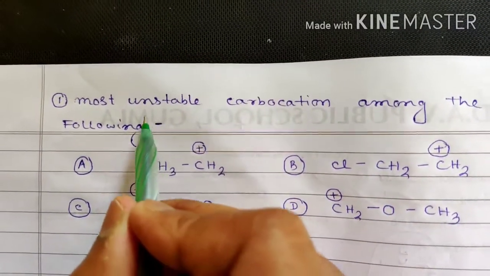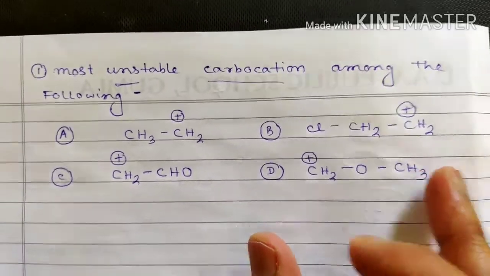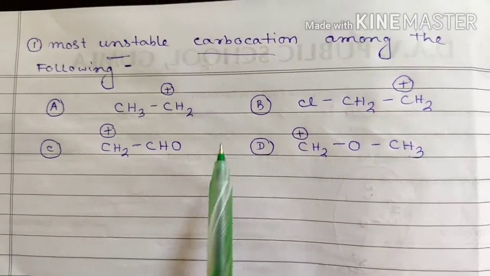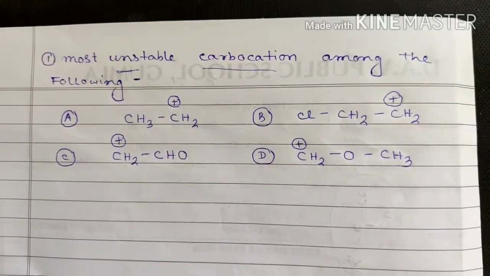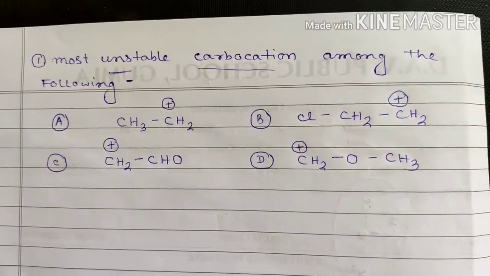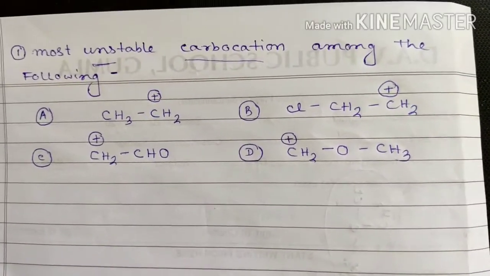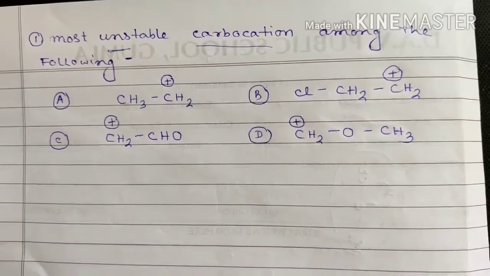The question is, which one is the most unstable carbocation among the following? Among these four options, let us understand unstable carbocation. That means the positivity of the carbon has to be neutralized. Now let us see in which case it will be the best.